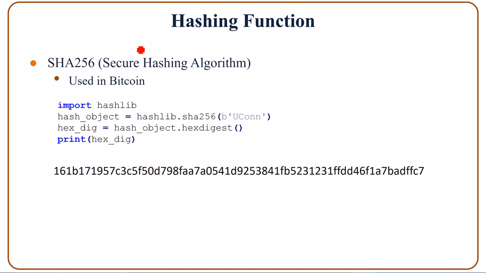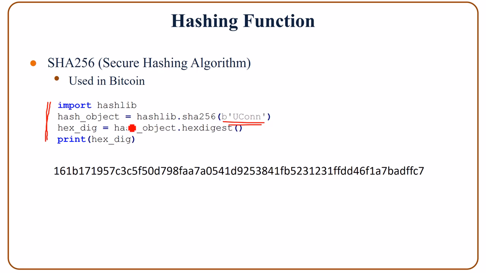Bitcoin uses SHA-256, and if you'd like to try how SHA-256 works, then you can try this piece of code, which takes the string Yukon as the password.